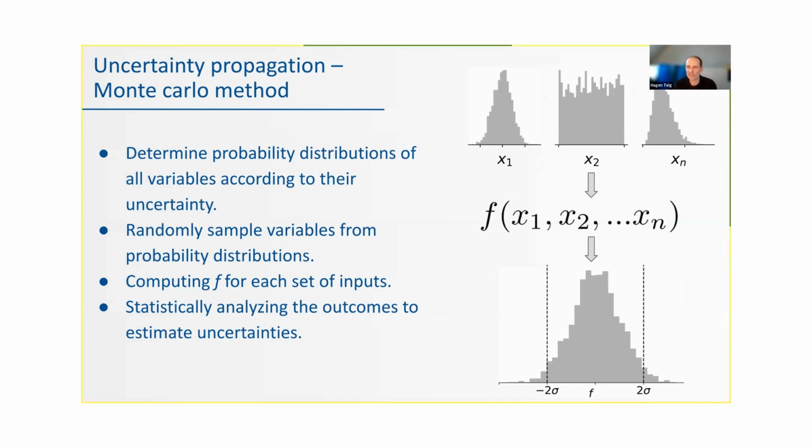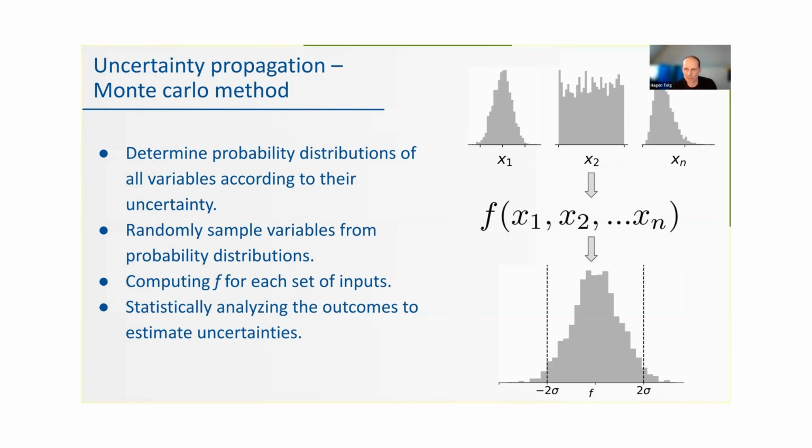They don't need to be normal distributed, as for the x1 here. They can also be uniform distributed or log normal or other distributions. So in our case, those parameters here on top would be like instrument uncertainties, changes in the microphysical properties, and so on.